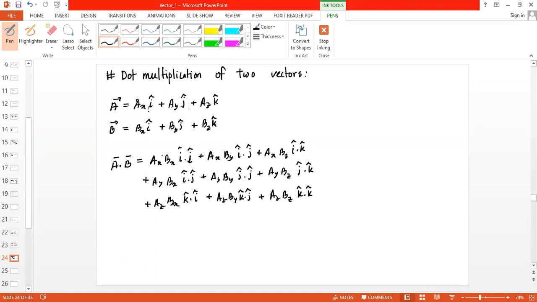And if you just look at here, in your previous example, you see that I dot J equal to 0. So this guy is equal to 0. I dot K is equal to 0. If you take a dot product of two dissimilar unit vectors, the result would be 0. So I dot J equal to 0, J dot J equal to 1, and J dot K equal to 0, and K dot J equal to 0.